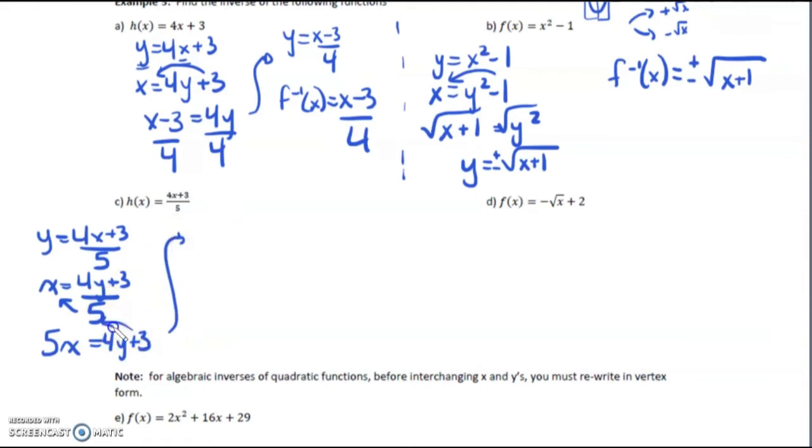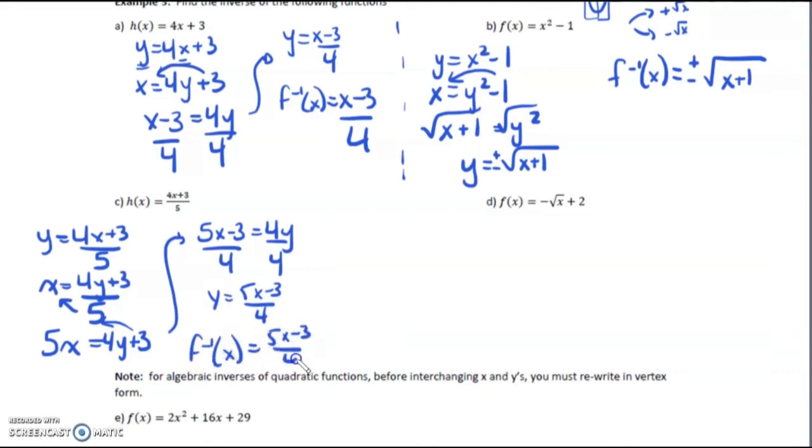We're going to bring this plus 3 over, it's going to become -3. And then we're going to divide out this 4. So we get y equals 5x minus 3 over 4, but we have to use function notation. So f inverse at x equals 5x minus 3 over 4.